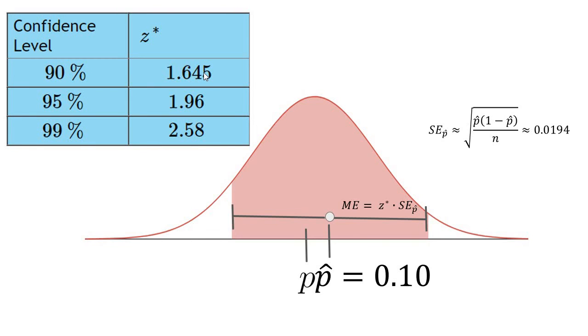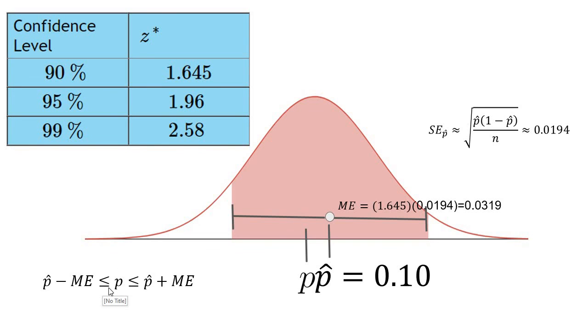This distance from this dot to this vertical bar is 1.645 times the standard error, which is 0.0319. It's also the same distance from here to here, and the same from here to here. So I'm going to surround p hat with this margin of error, left to right.